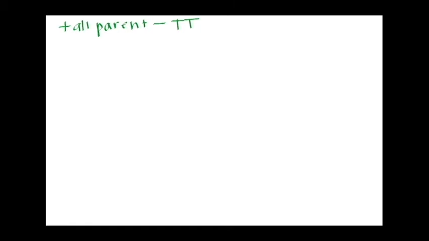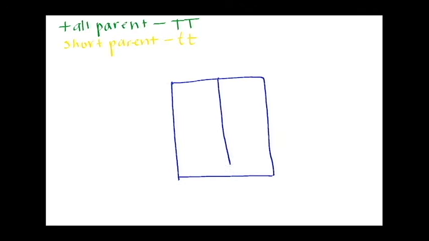with a homozygous short parent, small t, small t. And here is how the 19th century scientist Reginald Punnett structured Mendel's work so that it could be used to predict future outcomes of traits. He created a 2x2 grid, in which on the x-axis he put the tall parent, and on the y-axis he put the short parent.